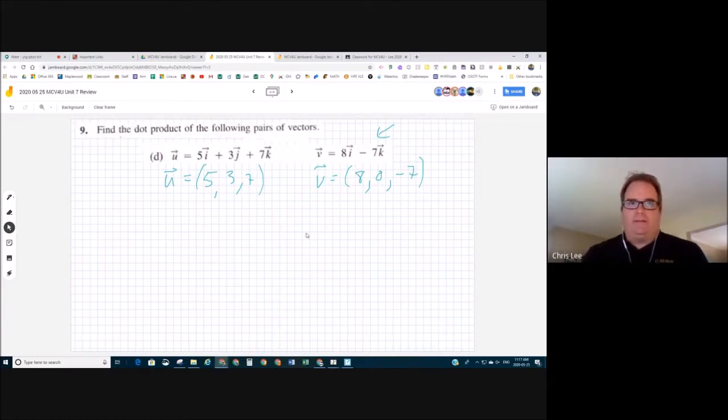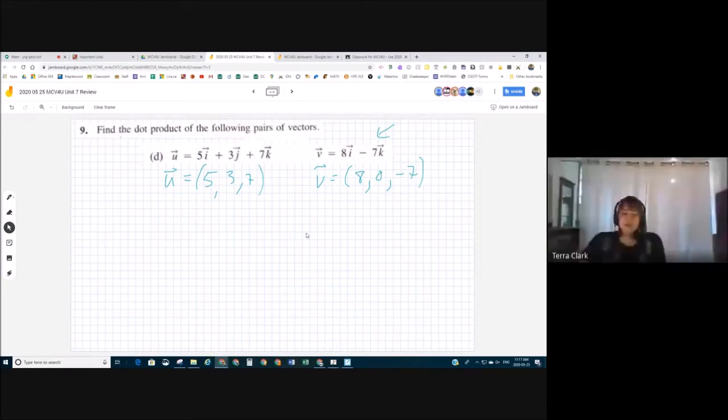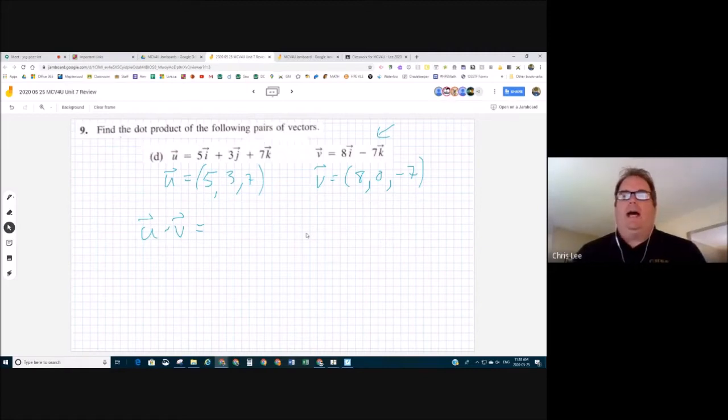Or 3 space. All right, dot product. Who can tell me how to do the dot product? You multiply the individual terms, so 5 times 8, 3 times 0, and 7 times negative 7, and then instead of putting the commas in between, you add and subtract them to get one value. Perfect, thanks, Tara.